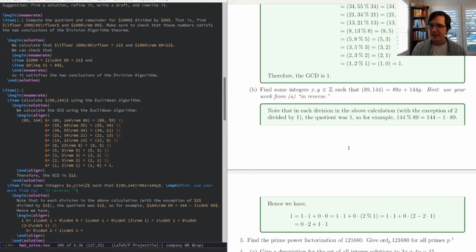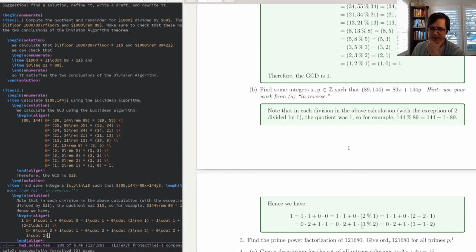Okay, so now, what's 1? It comes from 3 mod 2. And 3 mod 2 was 1 times 3, or just 3, minus 1 times 2, because 1 is the quotient.